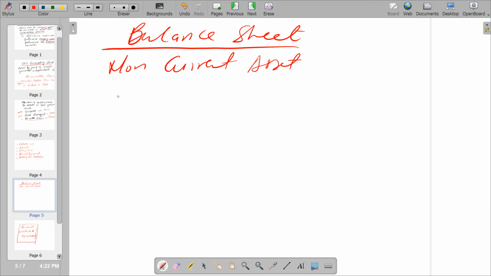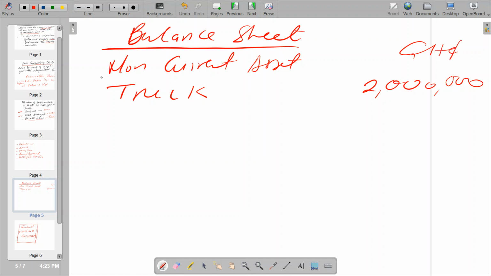We will see it in our balance sheet as, let's say, truck, and let's say the value is 2 million. But right now the issue is that when we say something is non-current, it means we expect to use this for more than a year.